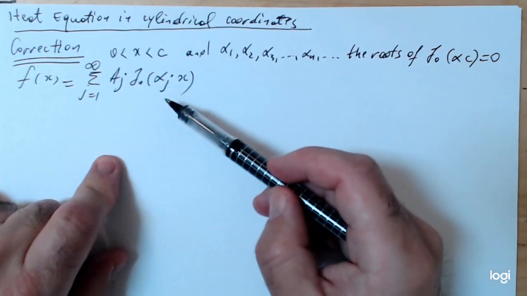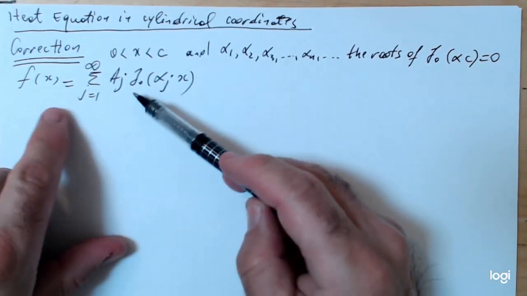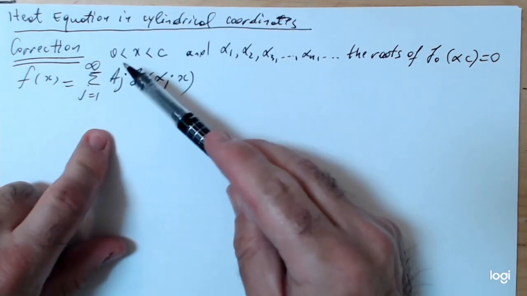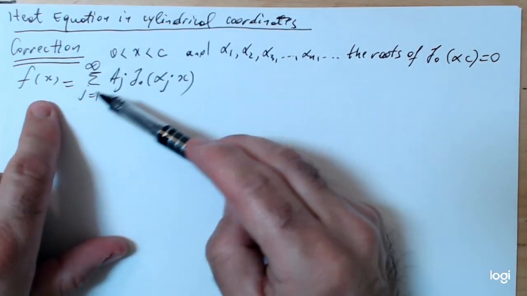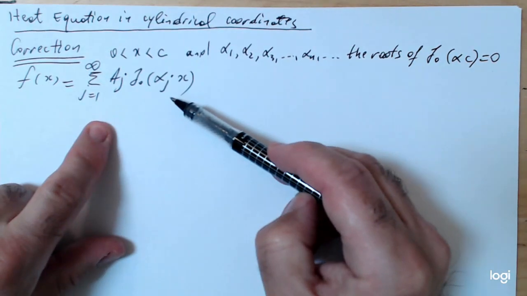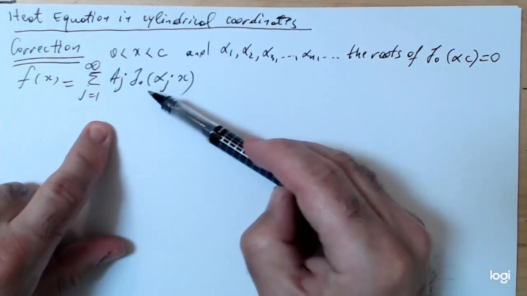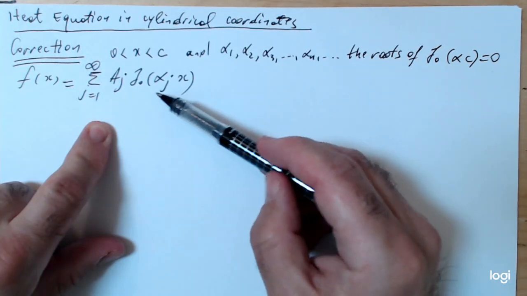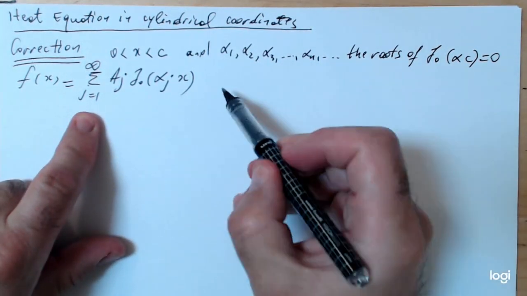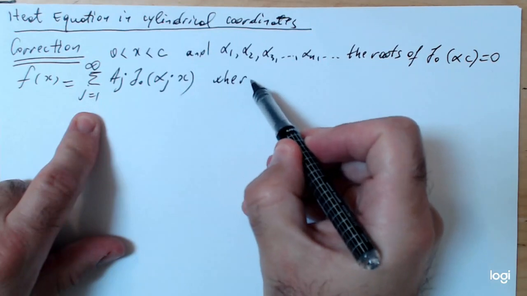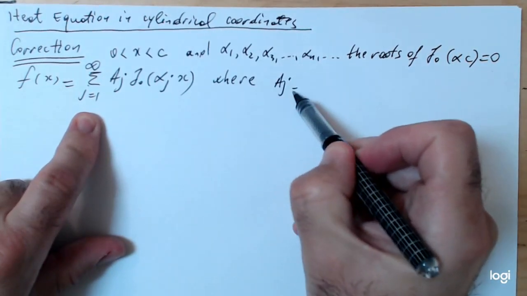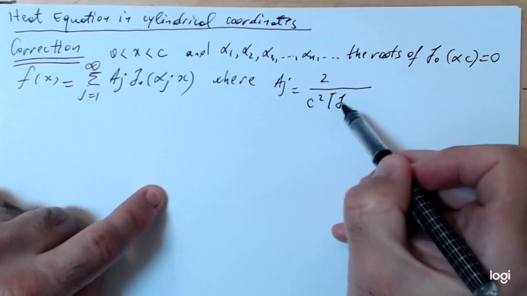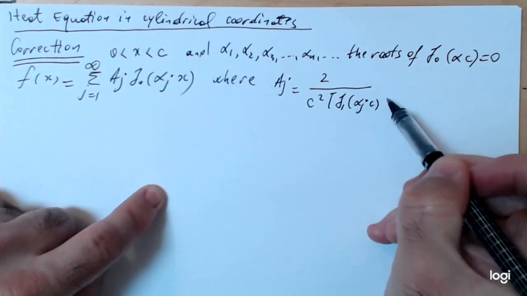As you will see later at the end of the problem, when you impose the initial condition after you do the superposition principle, you will need to figure out a way to represent a function in terms of these series. Because these Bessel functions are orthogonal, we concluded that we can do this representation, and the formula for the coefficients a_j, and this is where the mistake happened, is 2 over c squared J1 of alpha_j c quantity squared.